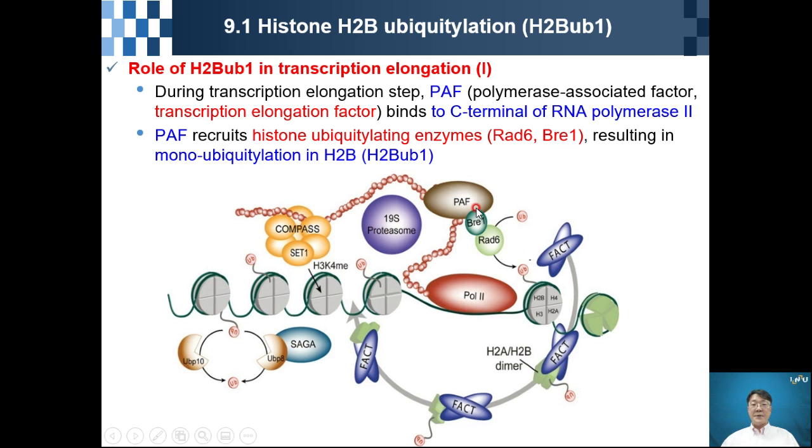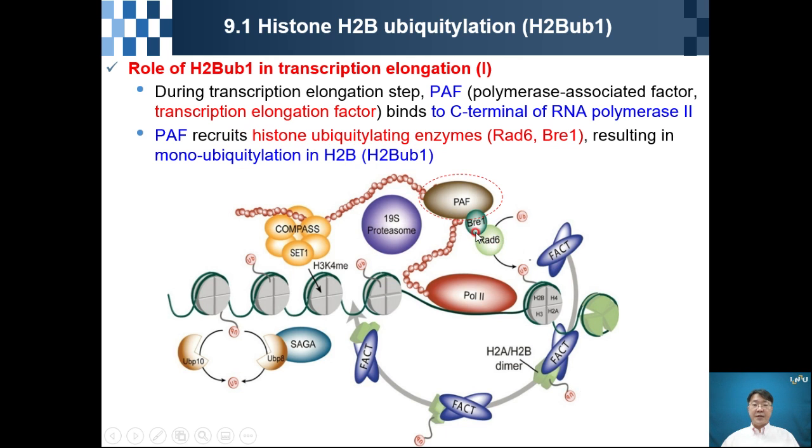This is the PAF protein, polymerase associated factor. PAF functions as a transcription elongation factor. PAF binds to the C-terminal region of RNA polymerase II. After that, PAF recruits histone ubiquitylation enzymes, for example RAD6 and BRE1.